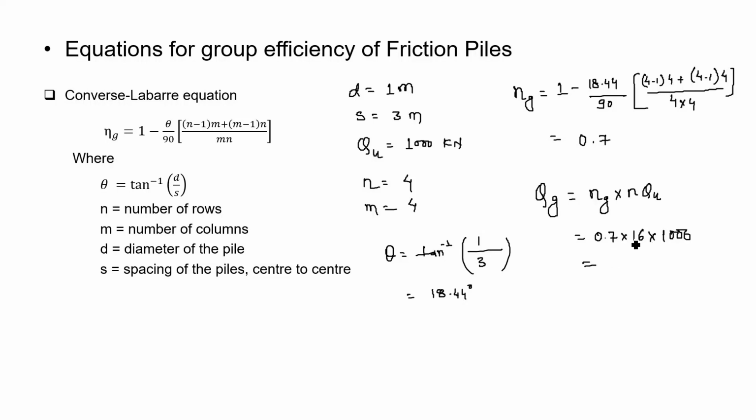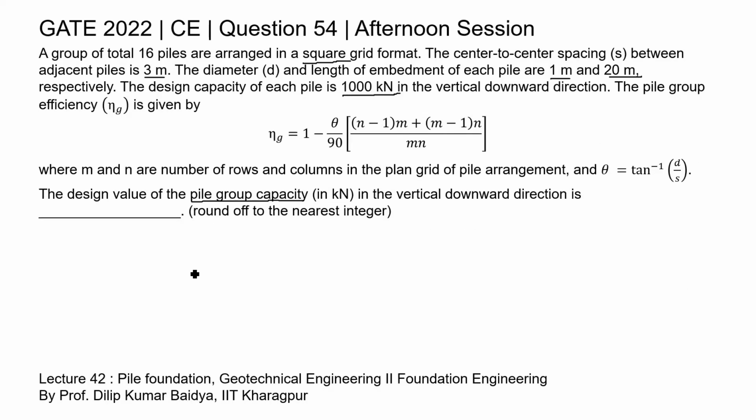When we compute it, we get Qg equal to 11,200 kilonewton. So the design value of the pile group capacity in the vertical downward direction is 11,200 kilonewton, and that is the correct answer for this question. Thank you.